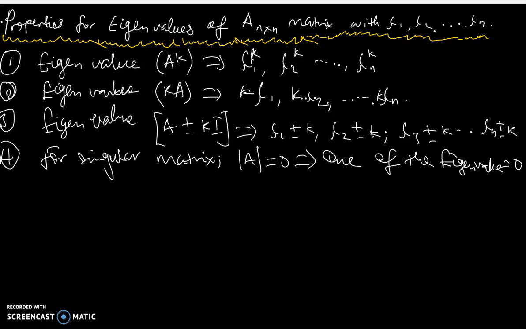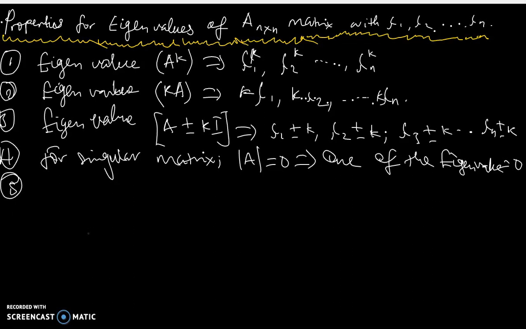The number 5 property would be that for a square matrix, if one eigenvalue is equal to 0, then we say that the matrix is non-invertible. You can watch the previous video so that you know what we mean when we talk about invertibility of a matrix.